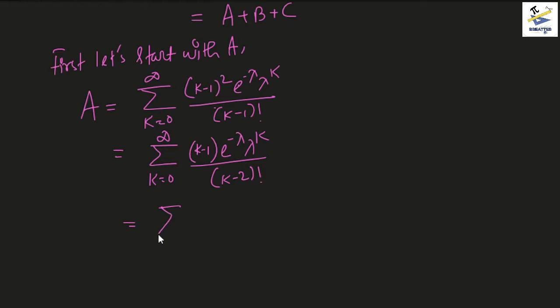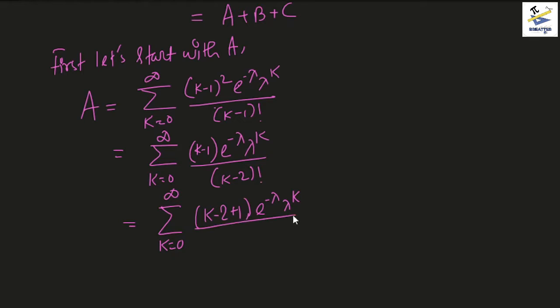This would give us summation k equals 0 to infinity, and we can write this as (k minus 2 plus 1), because we again want to cancel a k minus 2, right?